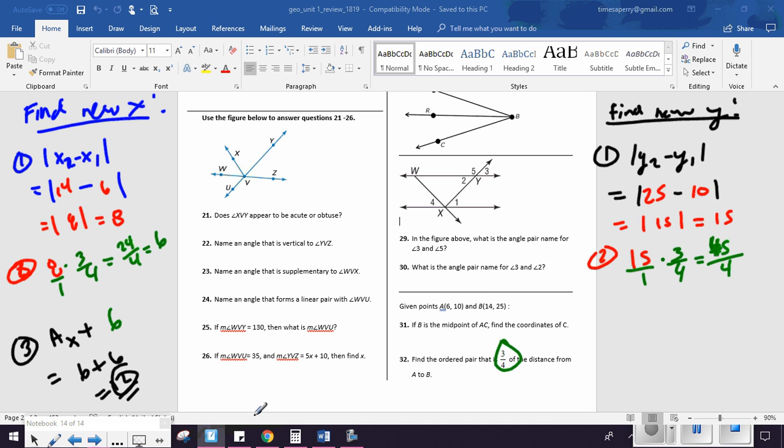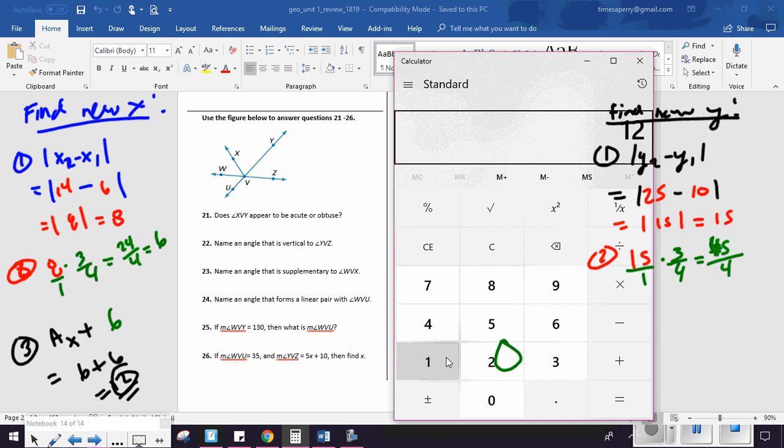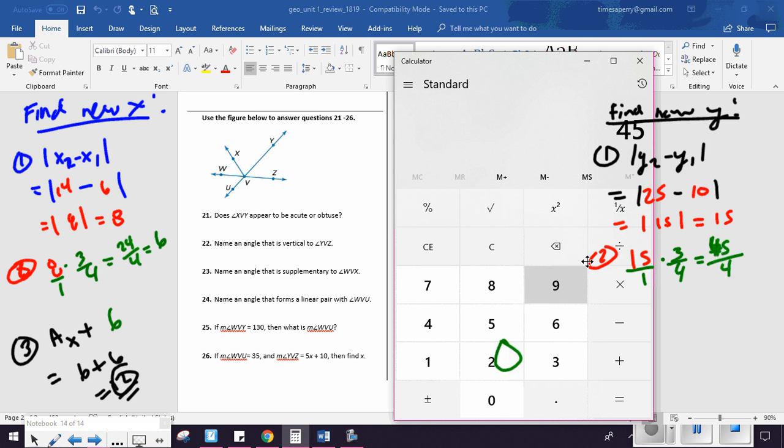Did I do that right? 25 minus 10 is 15. And then 15 times 3/4. 15 times 3 is 45 divided by 4.